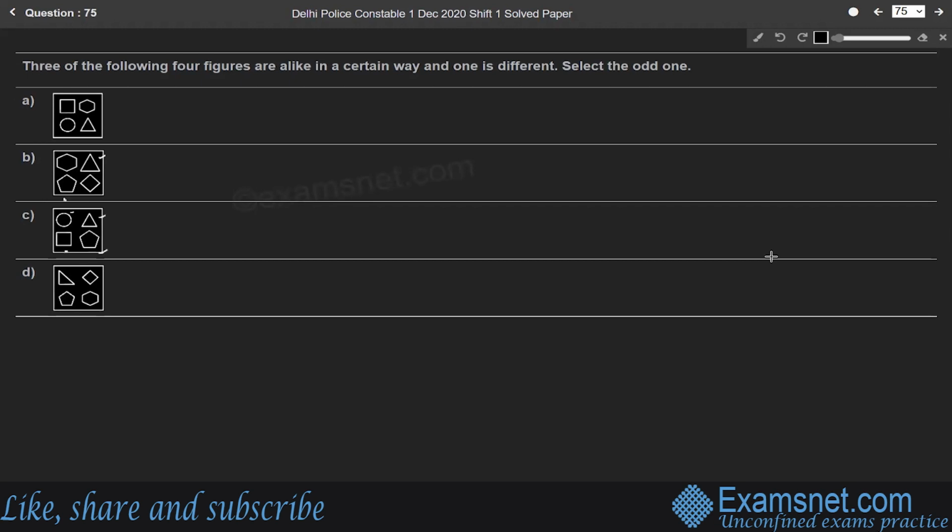So all these figures have a line of symmetry, or in other words, a vertical line of symmetry. Particularly, it is a vertical line of symmetry. So what is a line of symmetry? A line which divides the given shape into two equal parts.